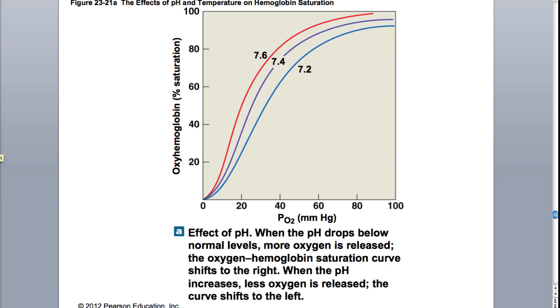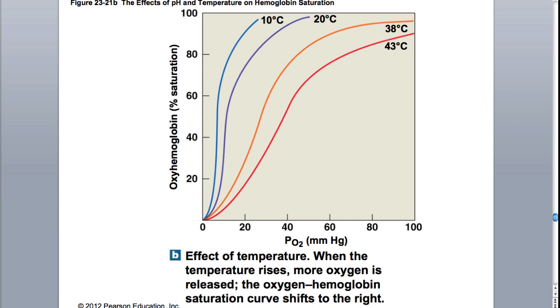We're going to do temperature next. So here's the temperature effect. If you have a fever, normally it's around here, and look what happens with a fever. Higher temperature means less oxygen again. And if you are somehow able to cool your body down, that's what they do in emergency cases.